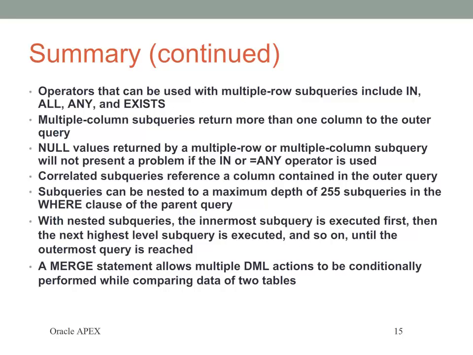Operators that can be used with multiple row queries include the all, in, any, and exists. Multiple column subqueries, as we noted, return more than one column to the outer query. If you use an in or equals any operator, null values returned by a multi-row or multiple column query will not present a problem.